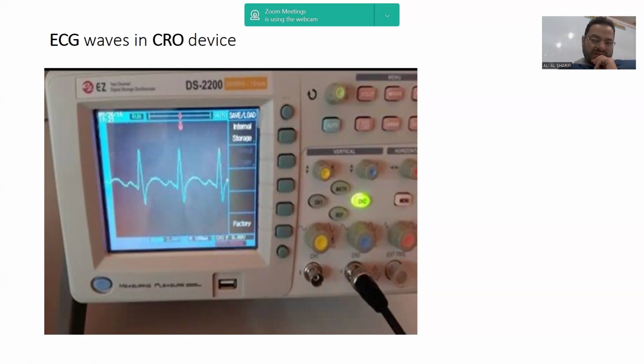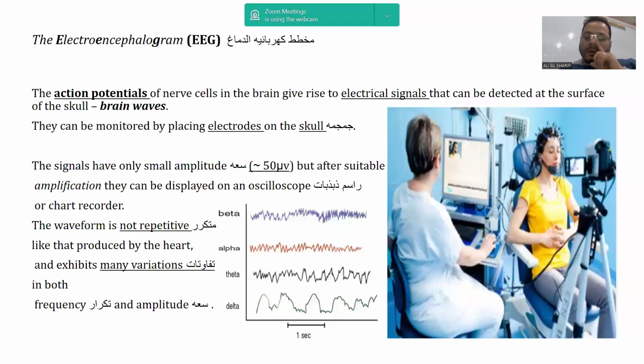The second use was to display waveforms. ECG curves are waveforms, and we can record them with a paper recorder, or I can use an electronic screen like the CRO. That means the CRO is an important part; researchers, physicists, and specialists use it as a screen in ECG. Here we have another machine.